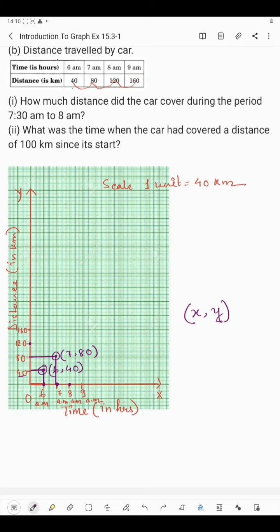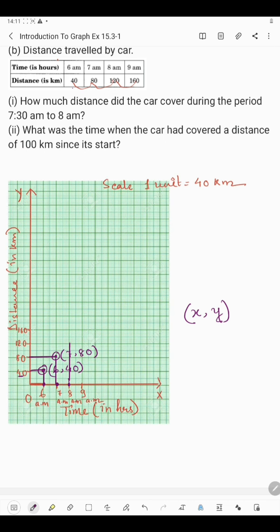Similarly, at 8 am it covers the distance 120 kilometer. Now 8 is on the x-axis. So from 8, if you go upwards, you will go up to this. From here, you will have to go towards left to the y-axis to get the value 120 kilometer. So this is the coordinate 8, 120. 8 is the value of x and 120 is the value of y.